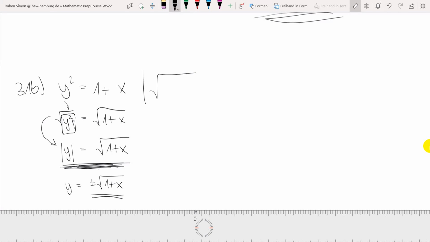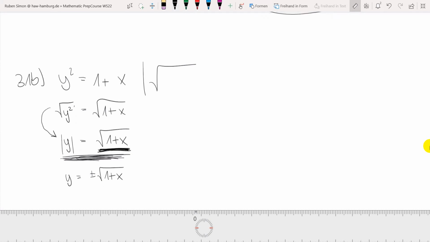And we know that its magnitude, its absolute value, has definitely been the square root of 1 plus x. So it could either have been just the square root of 1 plus x, the positive magnitude, or the negative magnitude, so minus the absolute value. Okay, so I hope this is clear why we can write this in this shape.